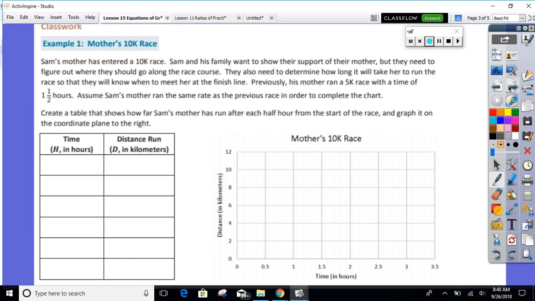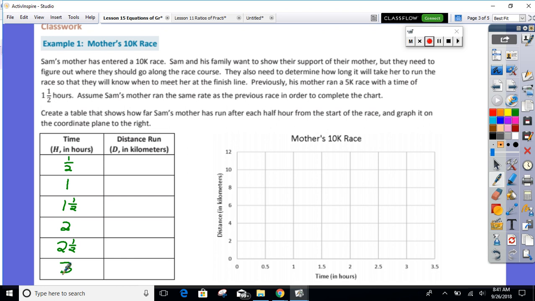Okay, so it wants us to show how far she has run after each half an hour. So let's start with our time as half an hour, and then we'll go to 1 hour, 1.5 hours, 2 hours, 2.5 hours, and 3 hours.